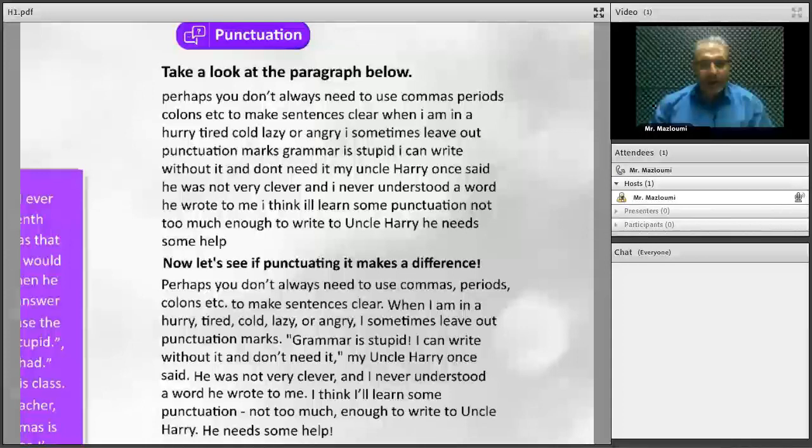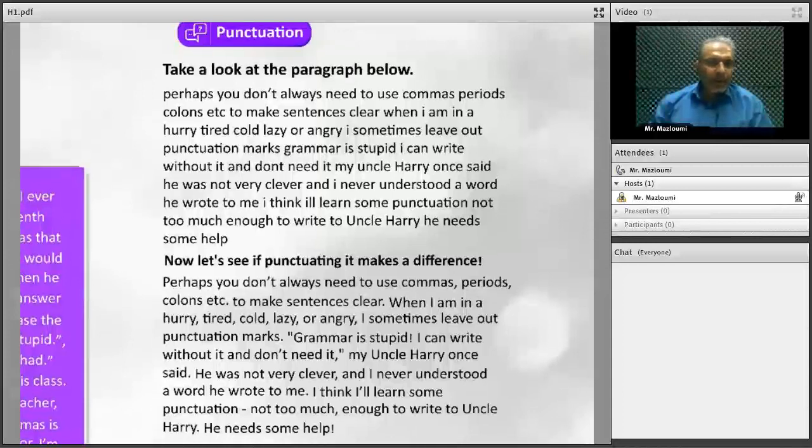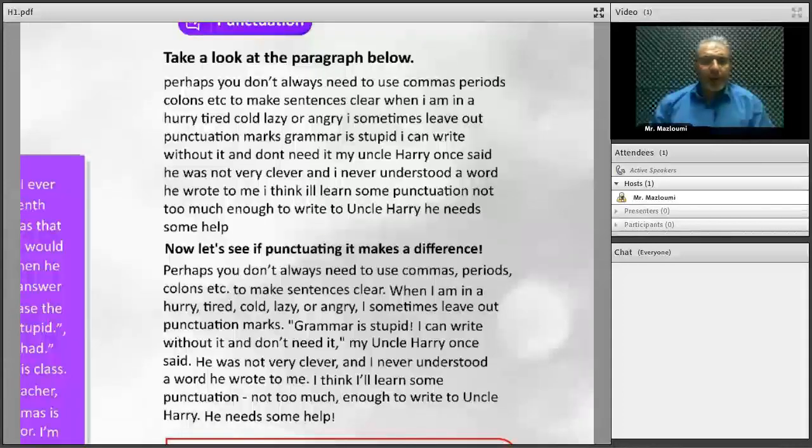My Uncle Harry once said he was not very clever and I never understand a word. He wrote to me, I think he'll learn. You see, you may read it ill, so he'll learn, no punctuation. He'll learn some punctuation, not too much enough to write to Uncle Harry. He needs some help. All right, you see, terrible reading.